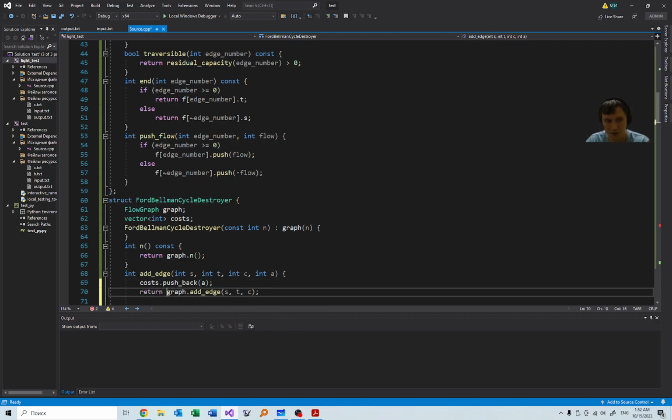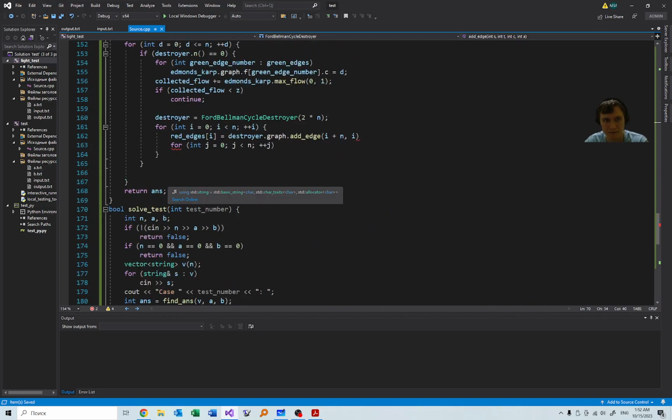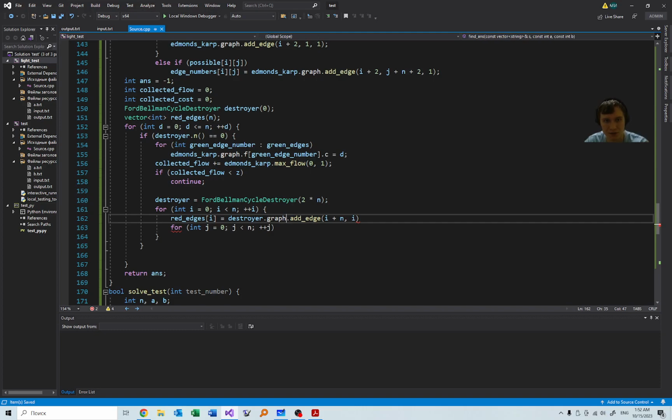And here we return this thing. Great. Destroyer dot graph edge dot add edge I plus n I of capacity d and of cost 1.